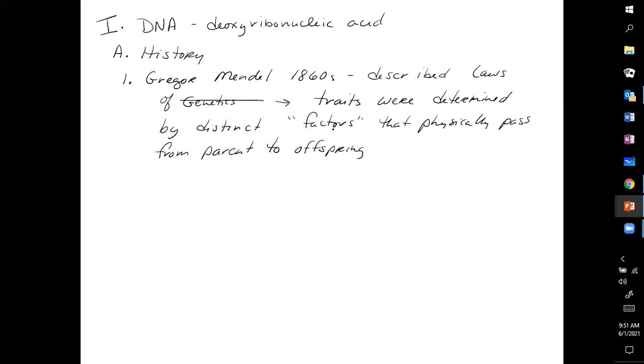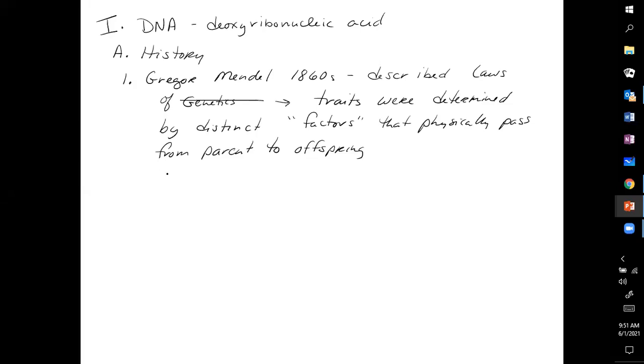So Mendel's hypothesis that there are physical units that pass from parent to offspring, which are independent of what you're doing in the environment, was kind of a controversial hypothesis. And so Mendel's work went pretty much unrecognized in his life. It wasn't until after he died that his idea of these factors came back to life.